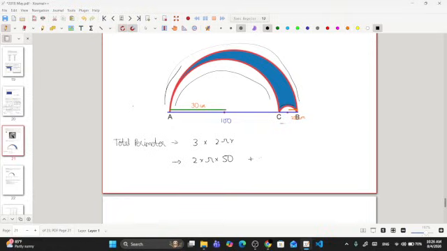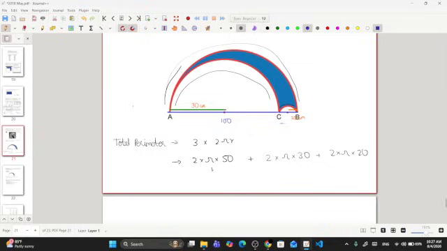Let me do it one by one. 2 pi r plus 2 multiplied by pi multiplied by 30 plus 2 multiplied by pi multiplied by 20 as it is, right? But the issue is that the formula for the perimeter that we use, 2 pi r, is for an entire circle. We don't have an entire circle here with us. We have a semicircle. We have half of a circle. So what do we do essentially? After we calculate all of the values, when we get the final answer, we should divide that value by 2.